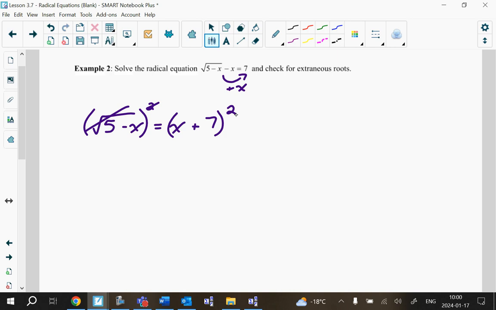You have to square the entire binomial. What does it mean to square a binomial? What does it mean to square anything? Times it by itself. So this means x plus 7 times x plus 7. Very important. That's 4 multiplications.